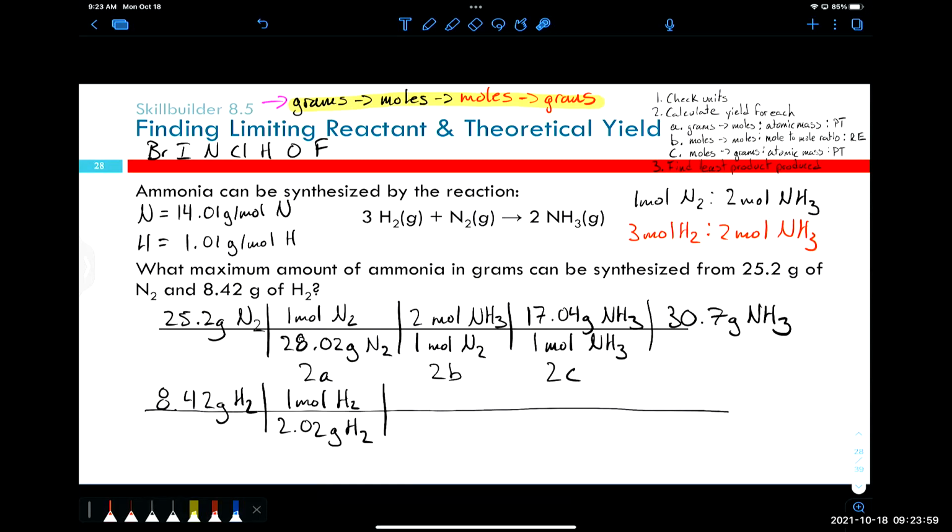But it depends on how you write this out, because we could write it either way. So just remember, we're using this one, not because it's on the left, but because it's moles of hydrogen. So it's going to be 3 moles of hydrogen on our denominator, 2 moles ammonia in our numerator.